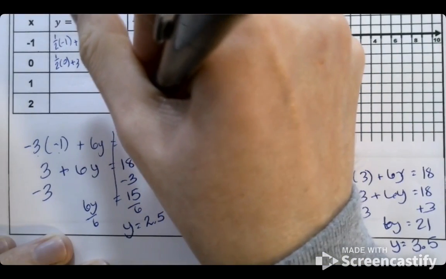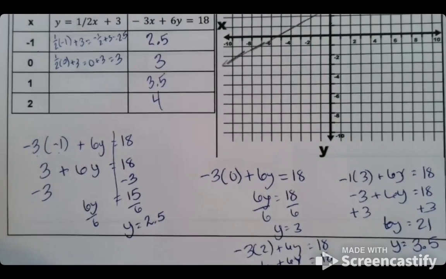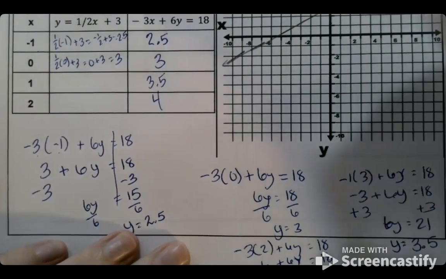So then this would be, oh, sorry, this was 3.5. And then this is 4. Okay, so we have the point 2, 4.